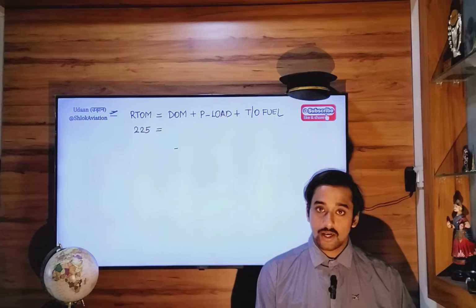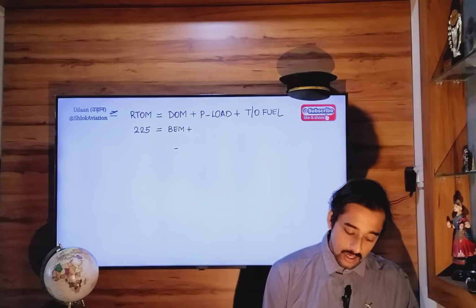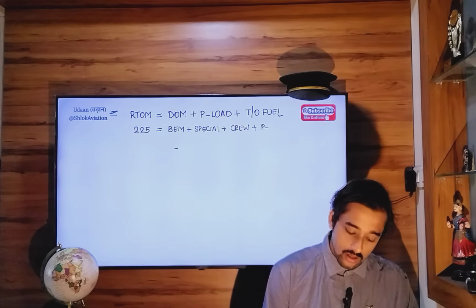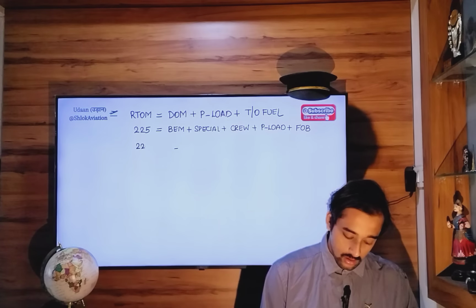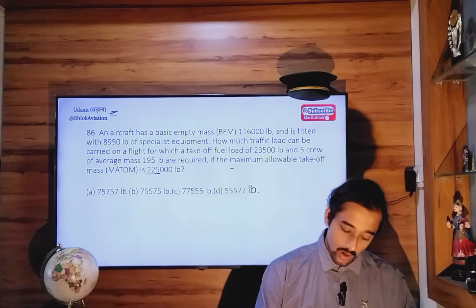Dry operating mass is nothing but basic empty mass plus special equipment plus crew plus payload plus fuel on board. Right? Basic empty mass is how much? 116.